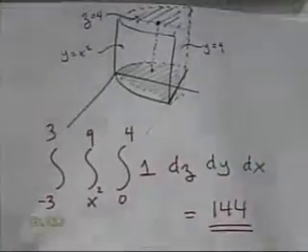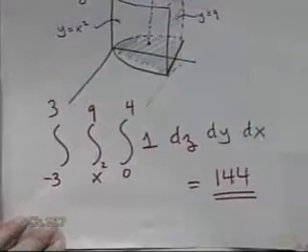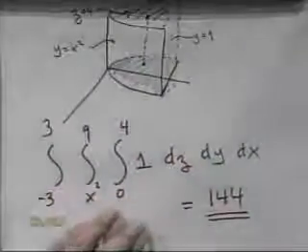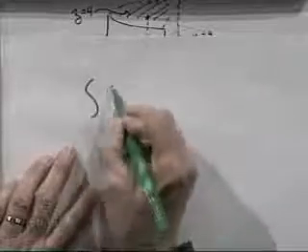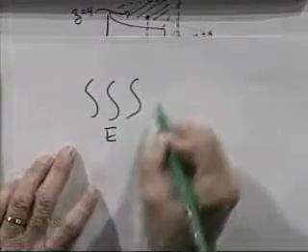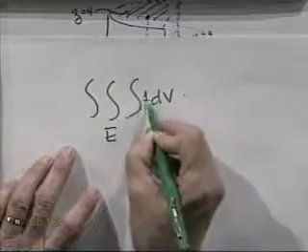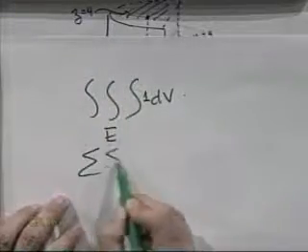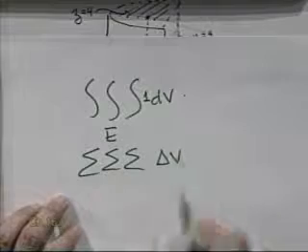Why did you take the equation as just 1? Because, very important, when you're integrating over a volume, if you let that integrand be 1, notice what you're doing is you're summing up all your delta v's.